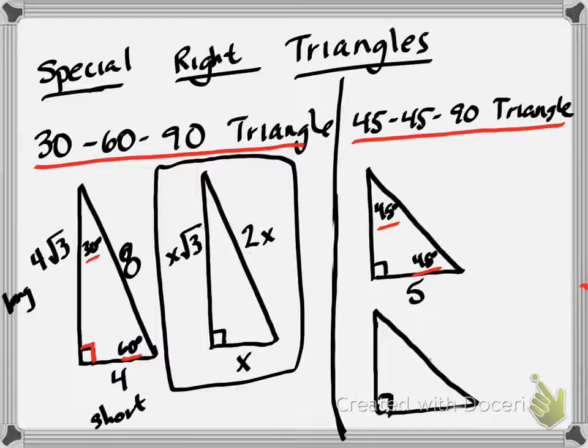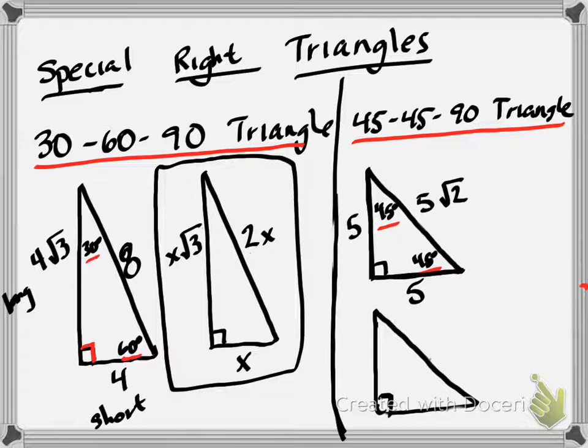So we don't have to use sine, cosine, or tangent. We could actually use this pattern to find missing sides of a 30, 60, 90 triangle. Okay, for the 45, 45, 90, first of all, the two sides of a 45, 45, 90 triangle are both the same. So if this side is 5, this side is 5. And then if we look at the hypotenuse, it would be 5 square root 2.